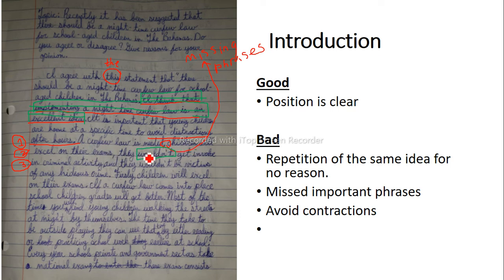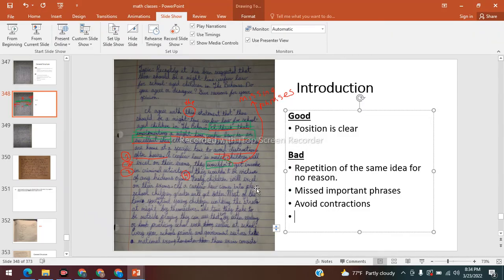Anyway, a curfew law is needed. Children will excel in exams. They wouldn't get involved in criminal activity. And they wouldn't be victims of any hideous crimes. That's the fourth one. So this person mentioned four reasons. That's too many reasons. Unless you're going to deal with all four in the paragraphs, only mention three. Only four should be mentioned. So only three, sorry, should be mentioned.